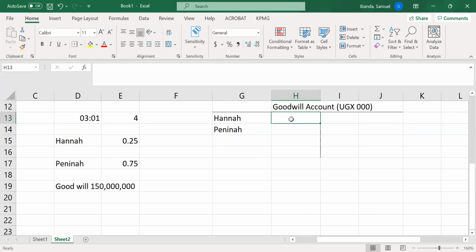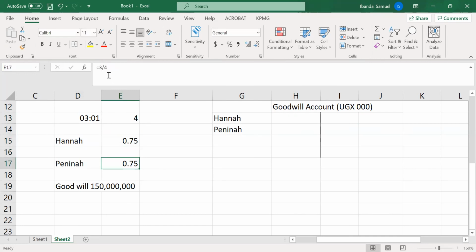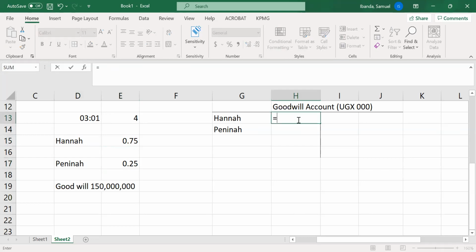If it's 3-1 and it's Hannah and Penina, then Hannah will have the 3/4 and Penina will have the 1/4. Say Hannah and Penina share 3-1 respectively. So it's 0.75 and 0.25.